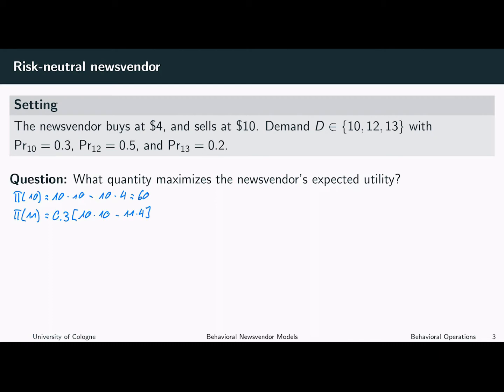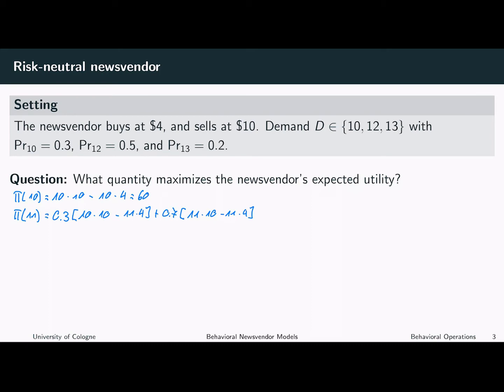I can't return unsold units. With a probability of 0.7, the demand will be 12 or larger. In this case, I will sell all my 11 units at a price of 10, and I will again have to pay for each of these units a price of $4 each.